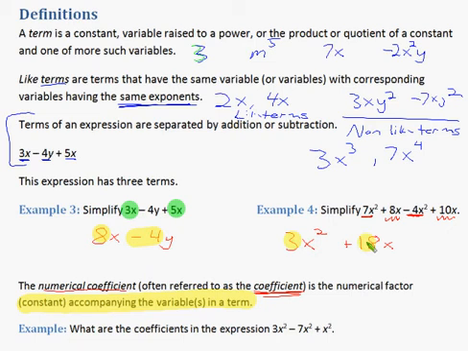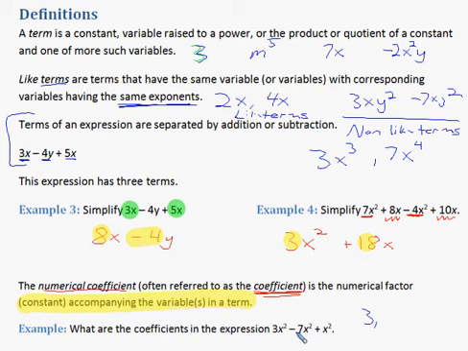So down here in this example below, it says, what are the coefficients of the expression? Well, there's 3 terms, so there has to be 3 coefficients. The first one is simple, that's 3. The second one has a 7 here, but we're going to say this is negative 7 because we can do plus a negative 7.